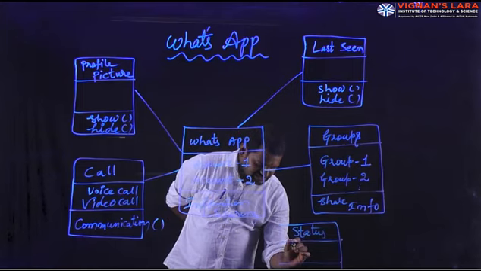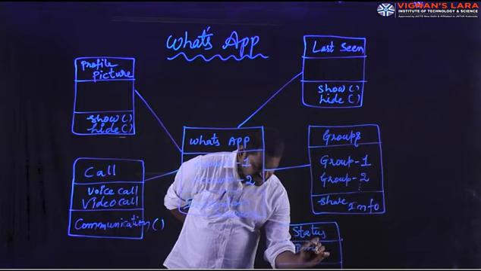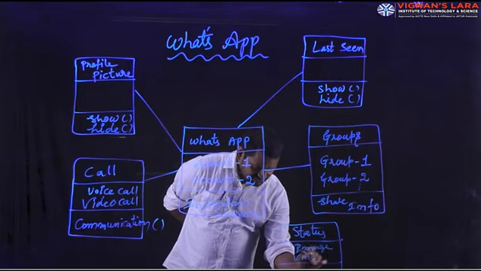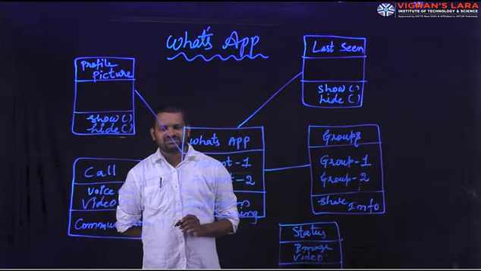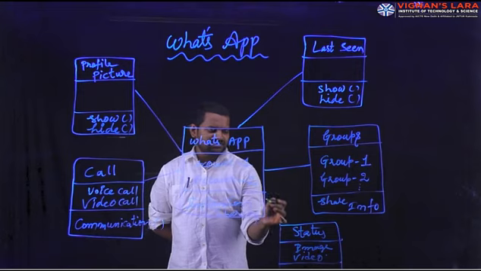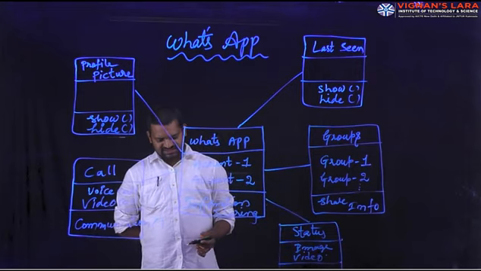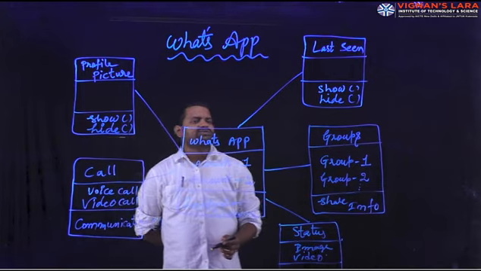That status is a picture status, that is image status, or we may place video status also in WhatsApp. Image status you may place, or you may also place video status.